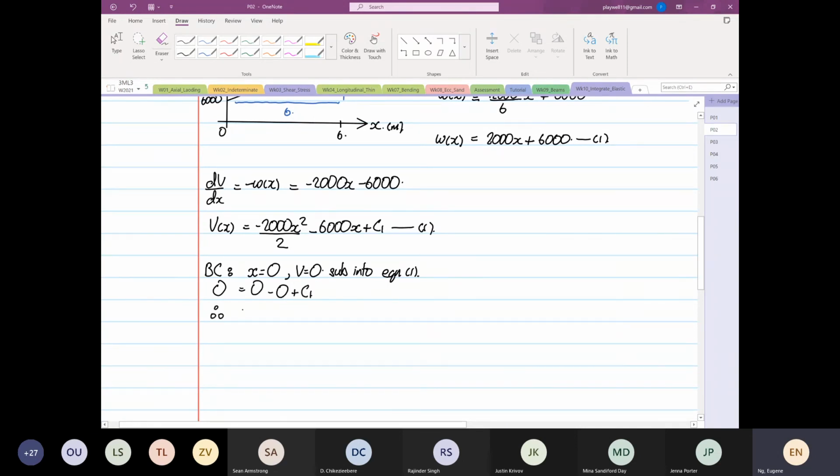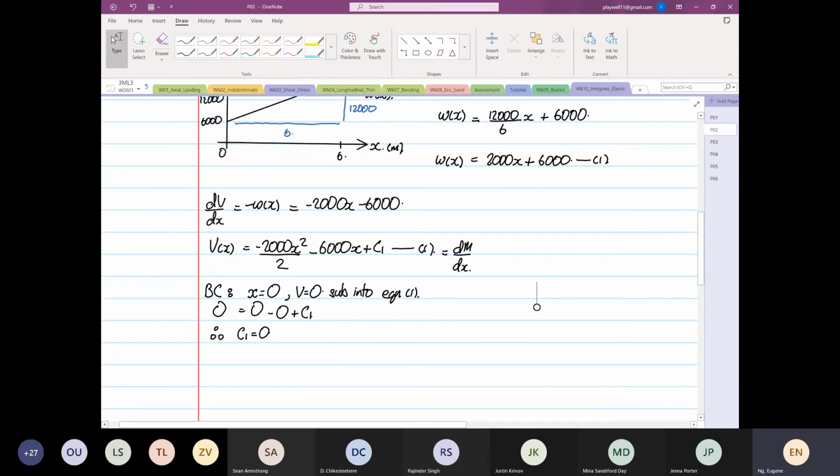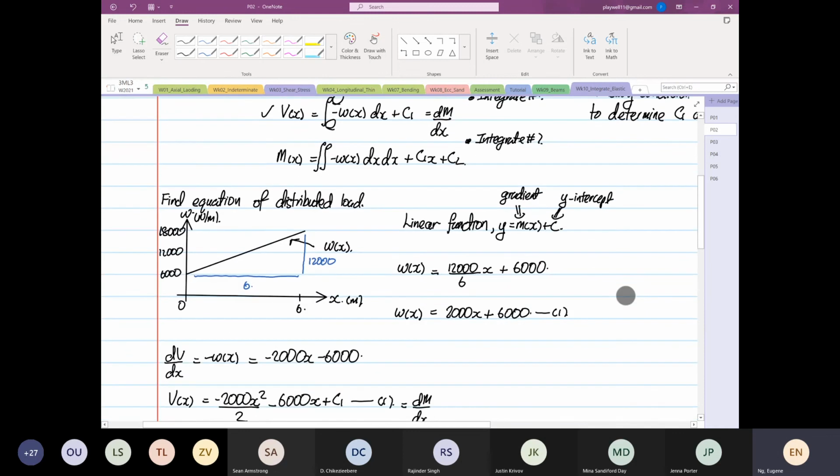Therefore, C1 is equal to 0. And then equation number 1 is also equal to dm by dx. If we look at our solution procedure, where are we now? We have done this already. We have substituted. We already found the equation of the distributed curve. We have integrated once already. Now we're going to integrate the second time.